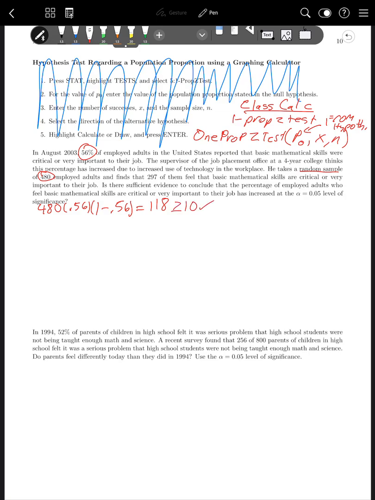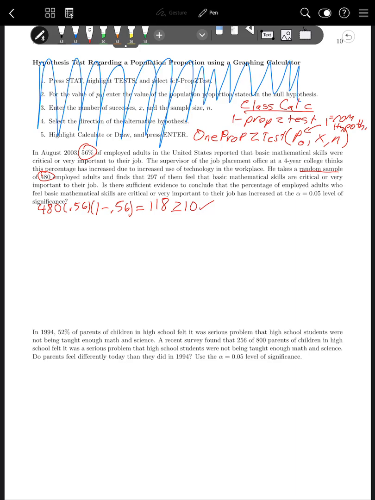And then, do you think 480 employed adults is less than 5% of the total number of employed adults in America? Yeah, it definitely is. For example, this past week, due to COVID-19, the number of people who signed up for unemployment was 6 million. 5% of that would have been about 300,000, which is a lot more than this. And there are more employed Americans than unemployed Americans, so this is definitely less than 5%. So these values are independent. So now we can do our hypothesis test.